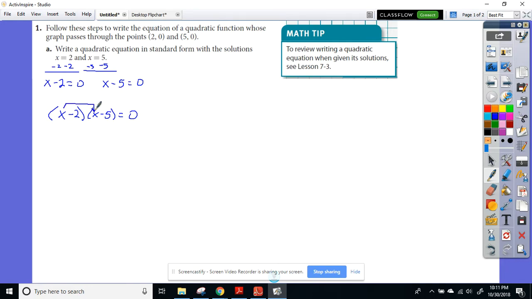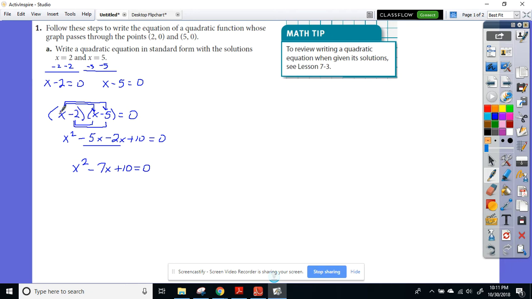So double distribution, x squared minus 5x minus 2x plus 10. Combine like terms, minus 7x plus 10.